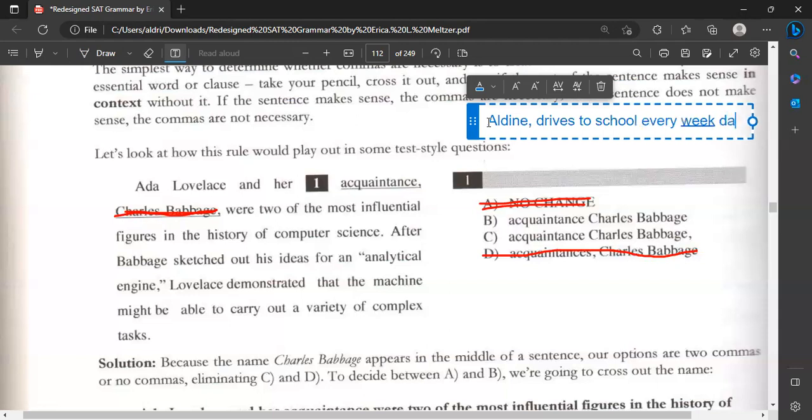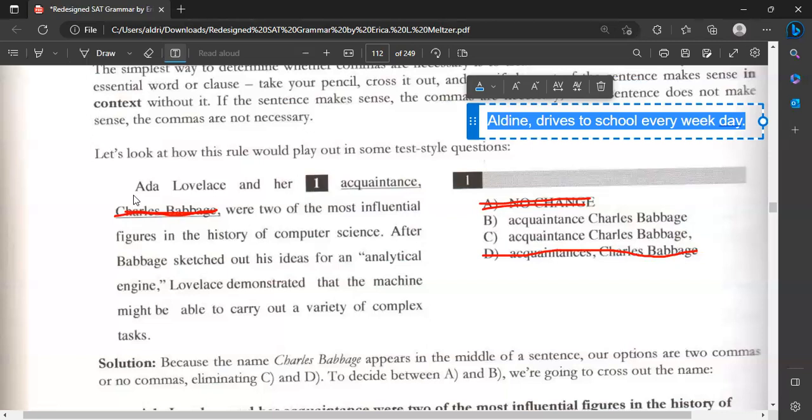Can you guys tell me what's wrong with this sentence real quickly? Yeah, the comma shouldn't be there. There shouldn't be a comma between the subject and the verb. Exactly. So that's kind of what's happening in C as well.